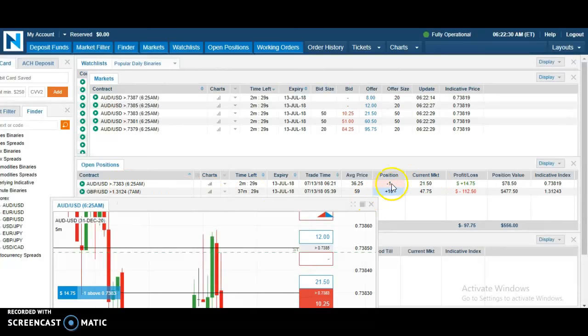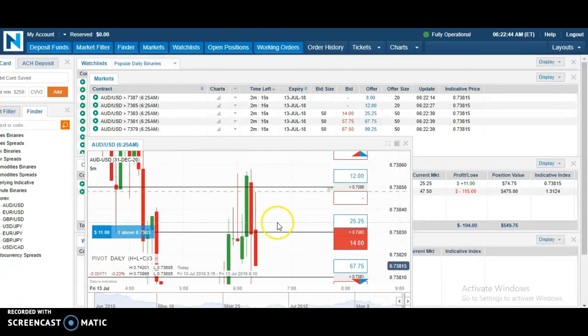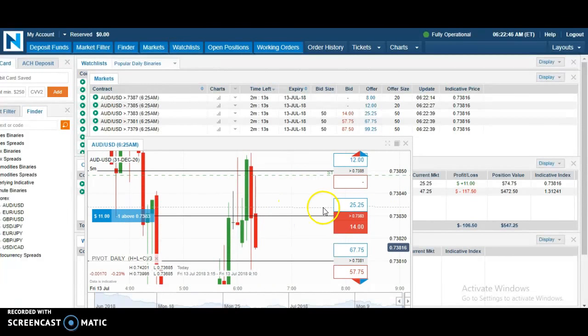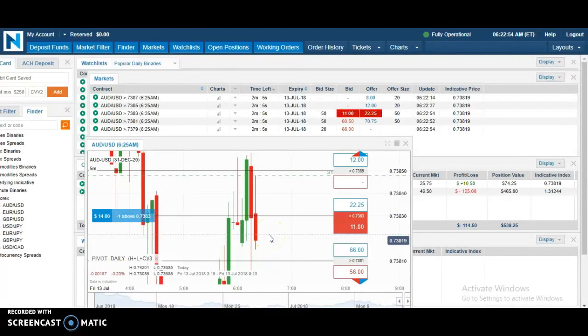I sold the market, as you can see, at $36.25, and the market is going down right now in our favor. In the graph you can see I need the market to be below this line, so the market is below right now. So after 2 minutes, let's see what will happen.